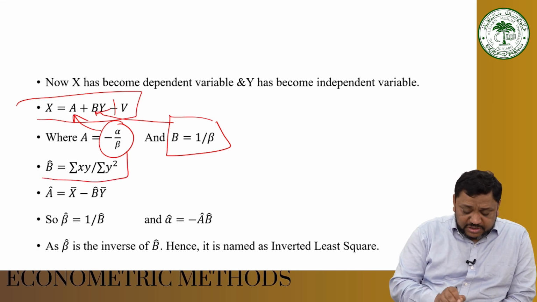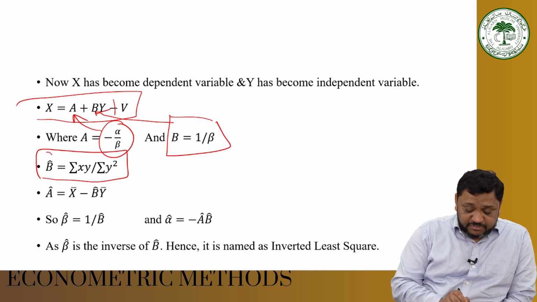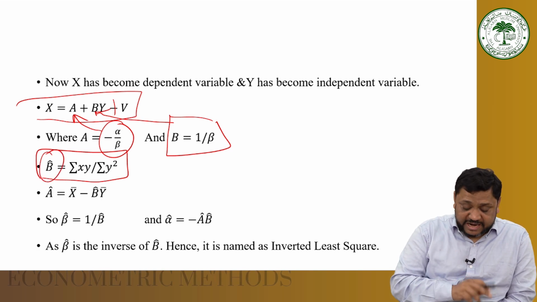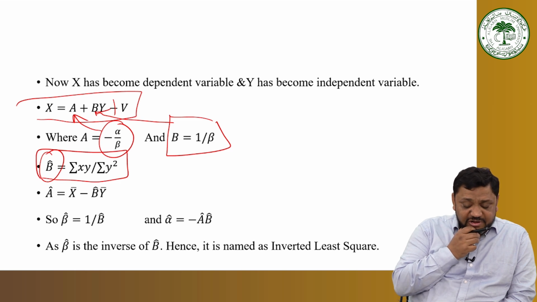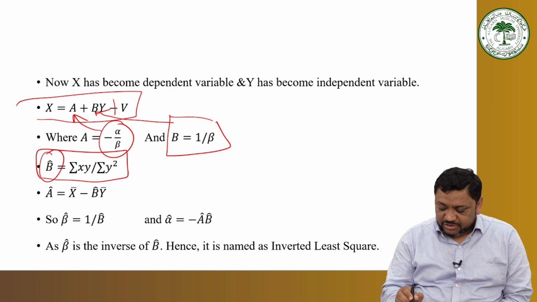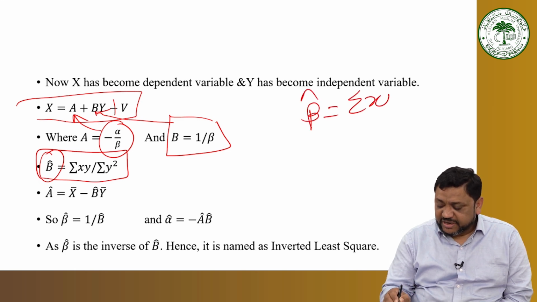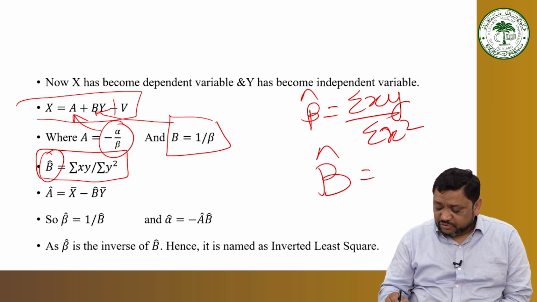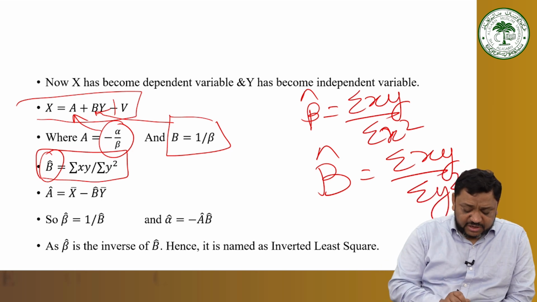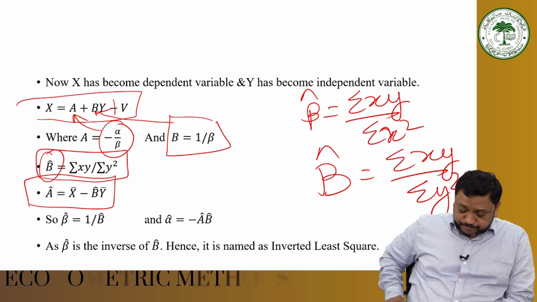Now, if I use the formula for the regression coefficient, we are writing in terms of b hat, not beta hat. So, b hat is equal to summation xy divided by summation y square. Meaning thereby, your beta hat was equal to summation xy divided by summation x square, and b hat is equal to summation xy divided by summation y square. Similarly, your a hat is equal to x bar minus b hat y bar.